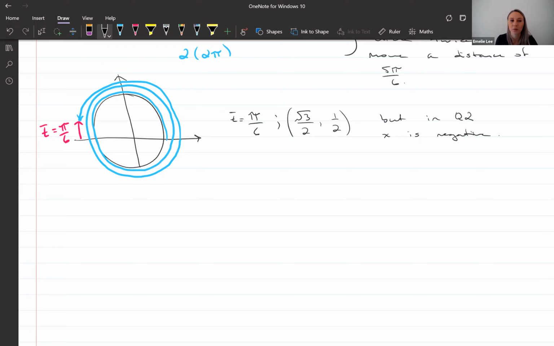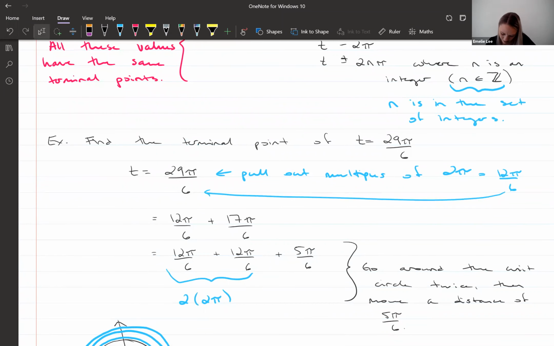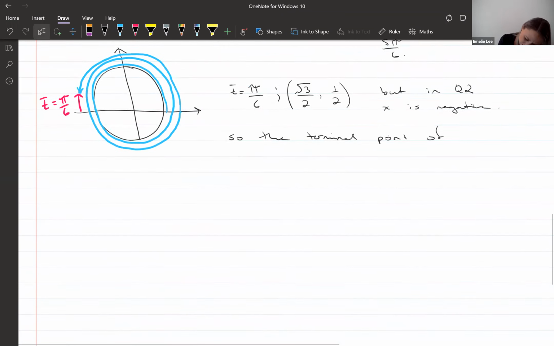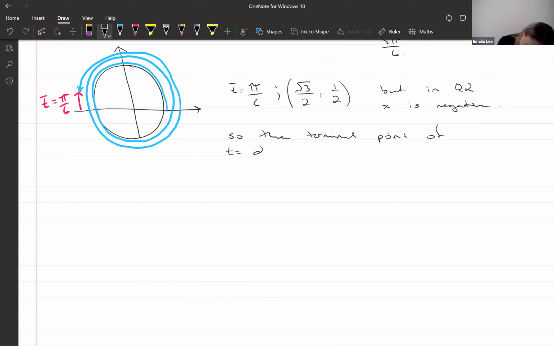I'm not going to talk about the y because it doesn't change. So the terminal point of t equals 29 pi over 6 is at negative root 3 over 2, and 1/2. Good.